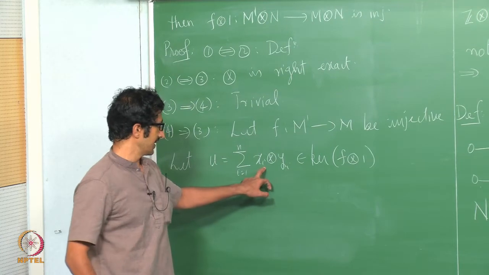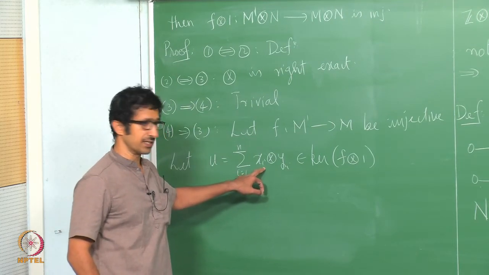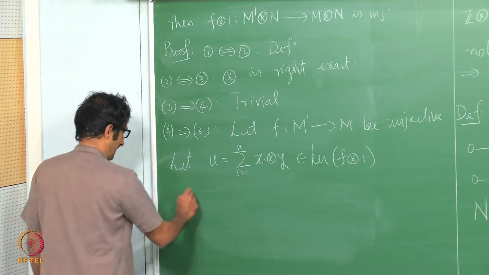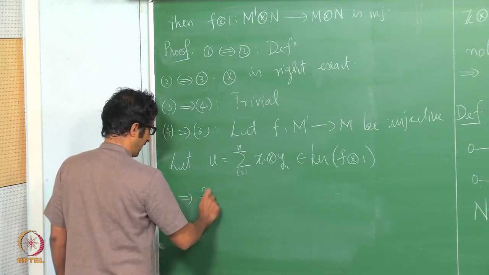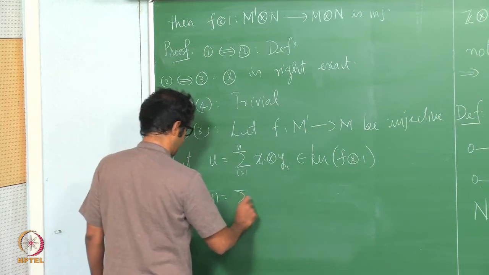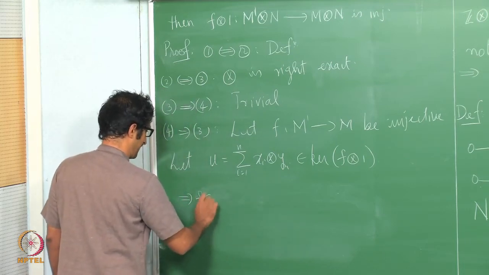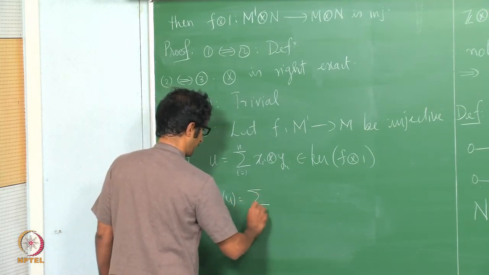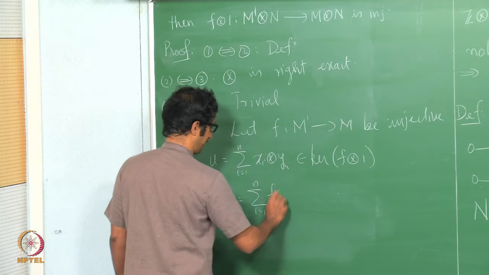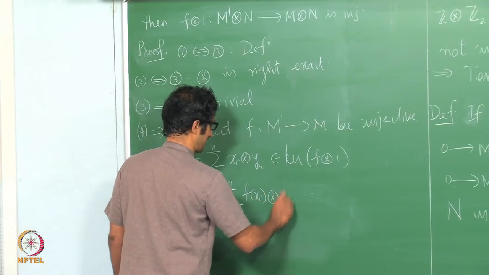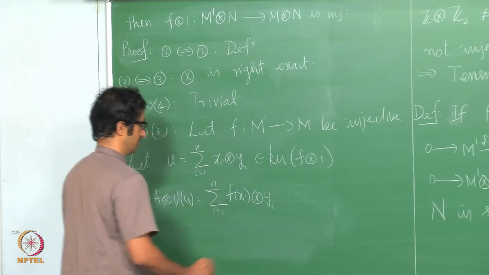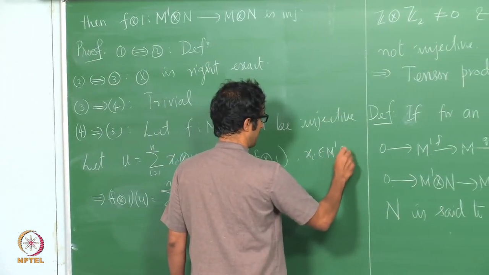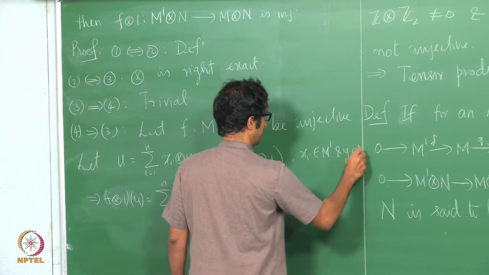Suppose I start with an element in the kernel of f tensor 1. So, that means that f tensor 1 of u, which is equal to the sum over i from 1 to n of f(x_i) tensor y_i. Here I am taking x_i in M prime and y_i in N.